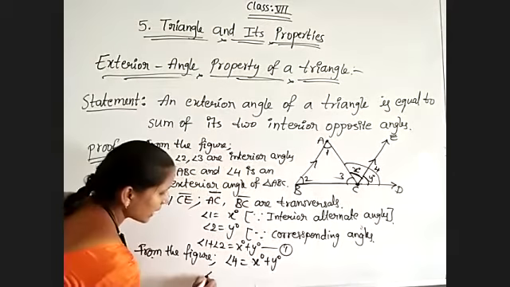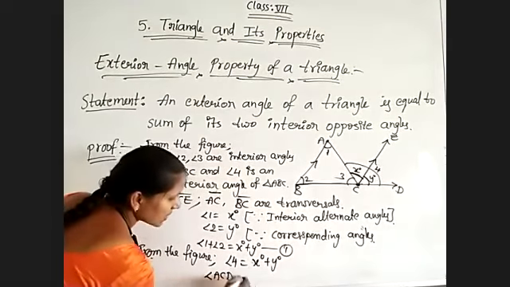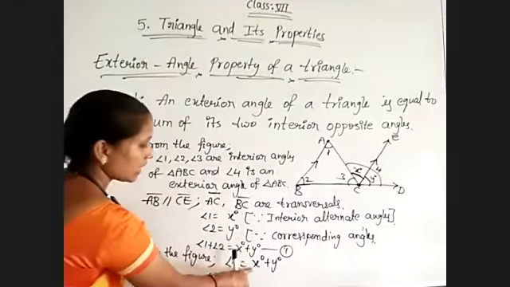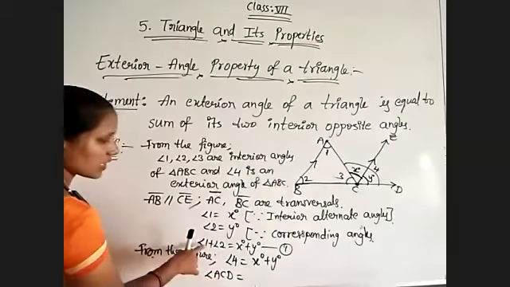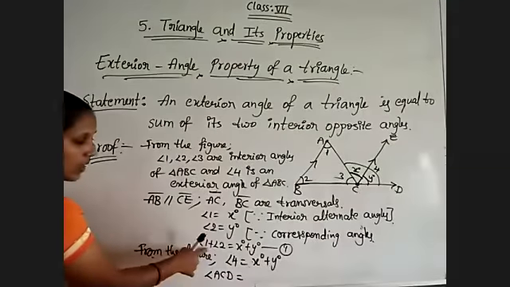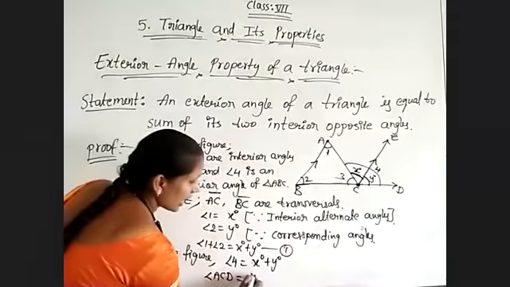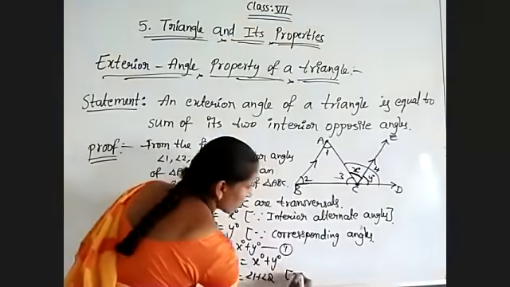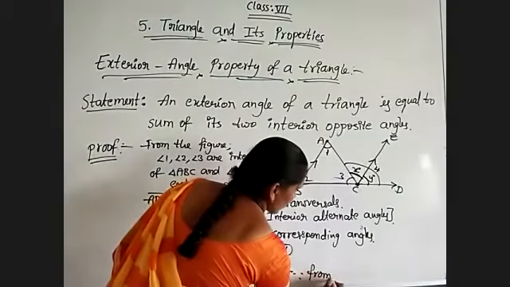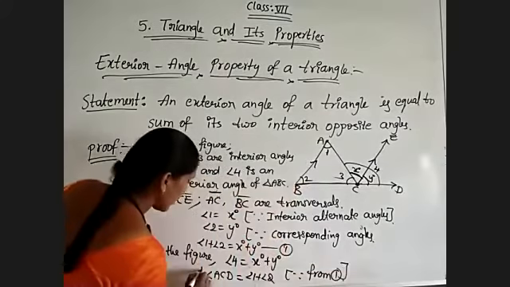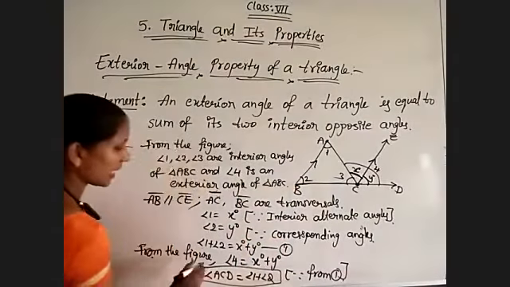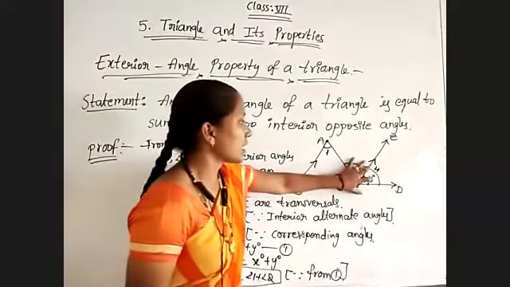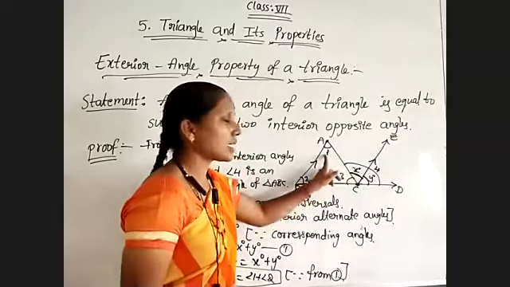So for that figure, angle ACD is an exterior angle which is equal to angle 4. And x plus y is equal to angle 1 plus angle 2, as seen from equation 1. So just observe here, ACD is an exterior angle and it is equal to the sum of two opposite interior angles.